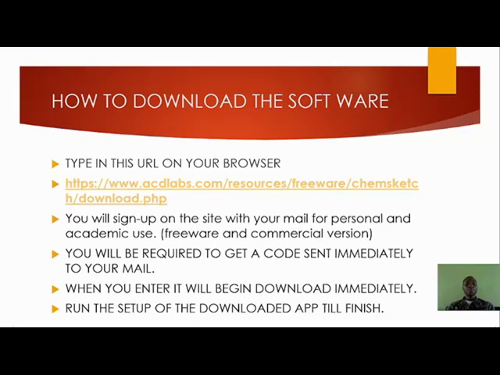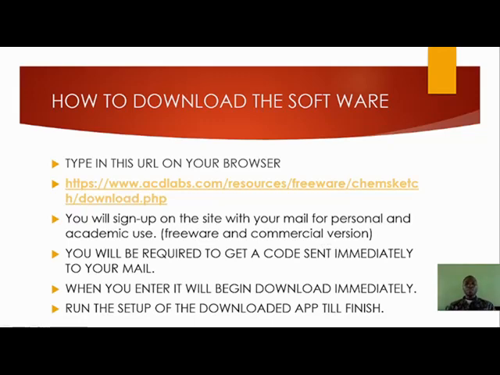First and foremost, when you get into acdlabs.com, it will require you to sign up to the site, and you can do two different kinds of downloads, where you can have a freeware or a commercial version. For students and those who use it for academic purposes, I recommend downloading the freeware because the commercial version involves payment online.